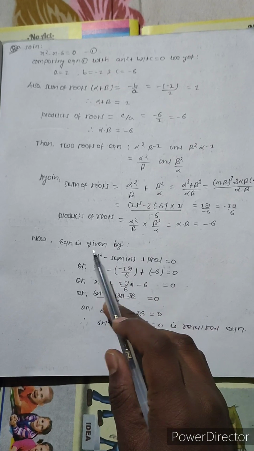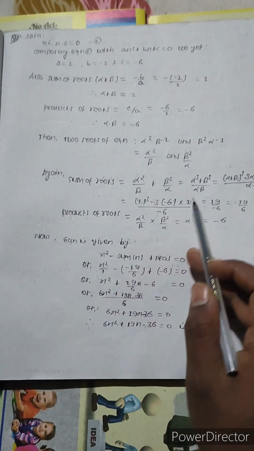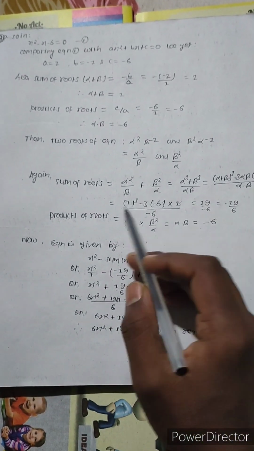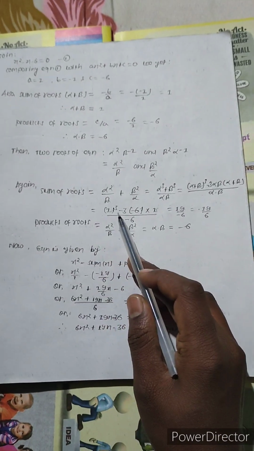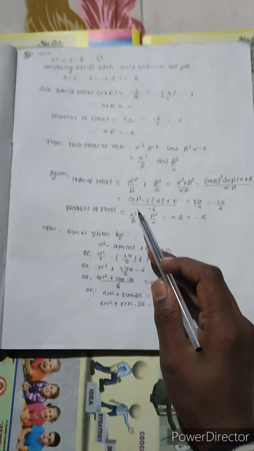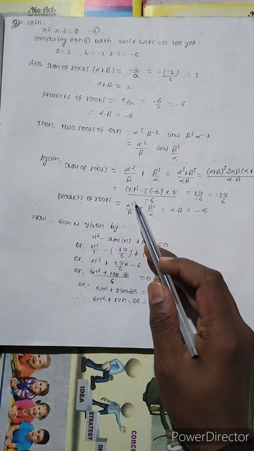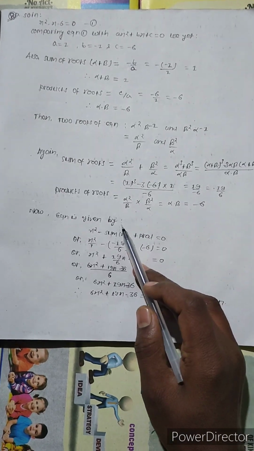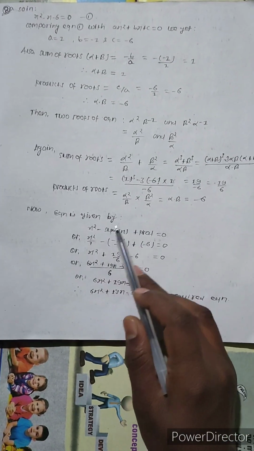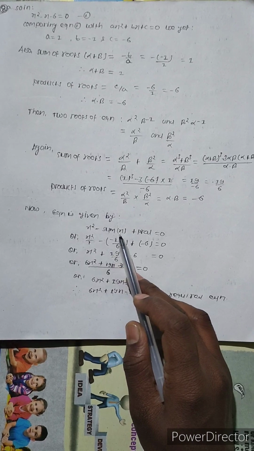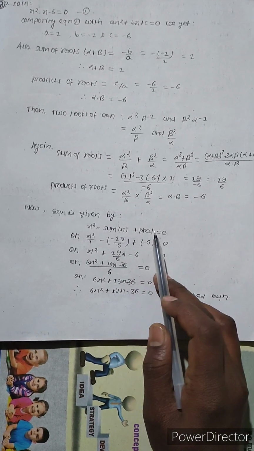Now we know two things here: the sum of the roots and the product of the roots. So we can find the equation. The equation is given by x square minus sum of the roots x plus product of the roots.